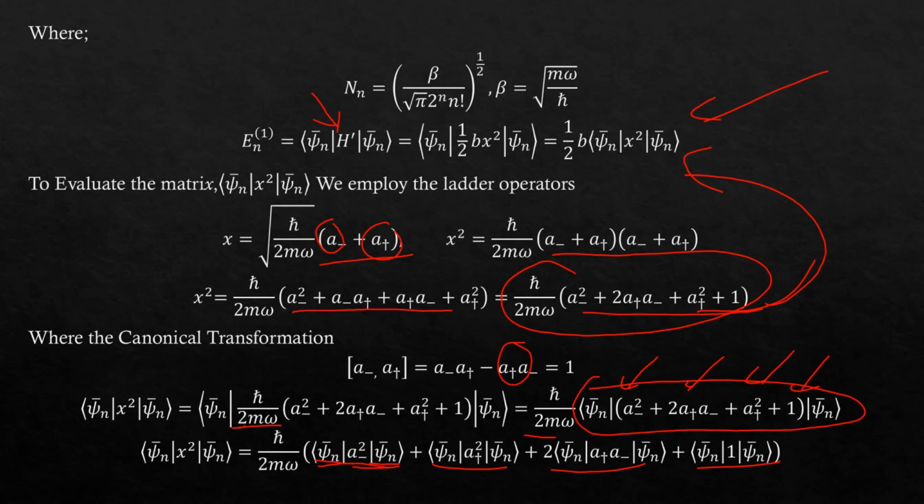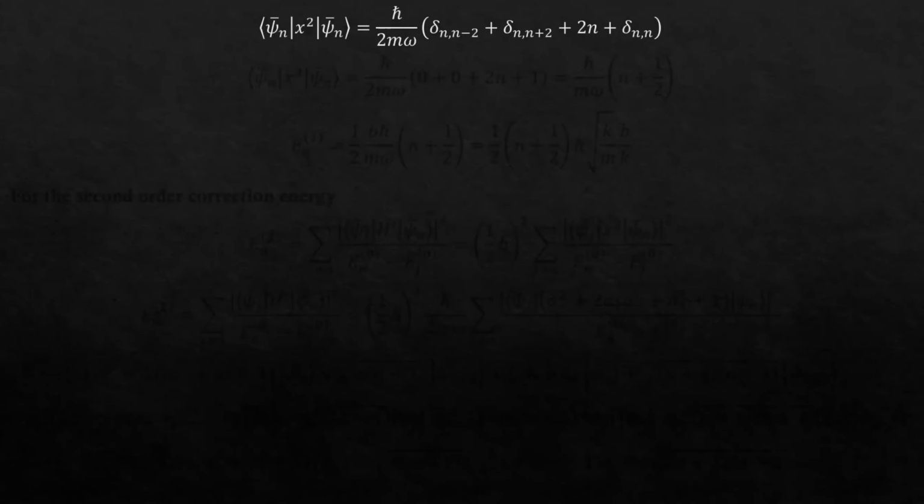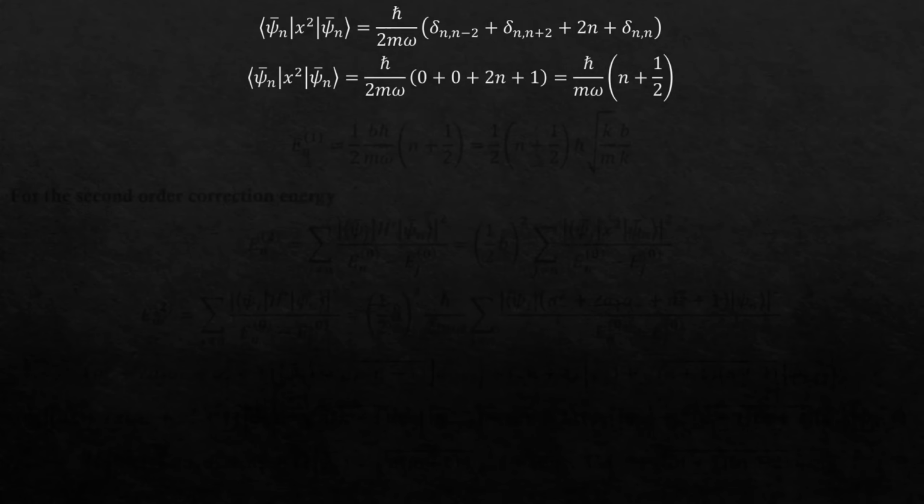If we do that and apply our Kronecker delta principle, we are going to have this expression again. Of course, since n and n minus 2 are not the same, this is going to vanish, so this is going to be 0. This is also going to be 0, and this is going to be 1.